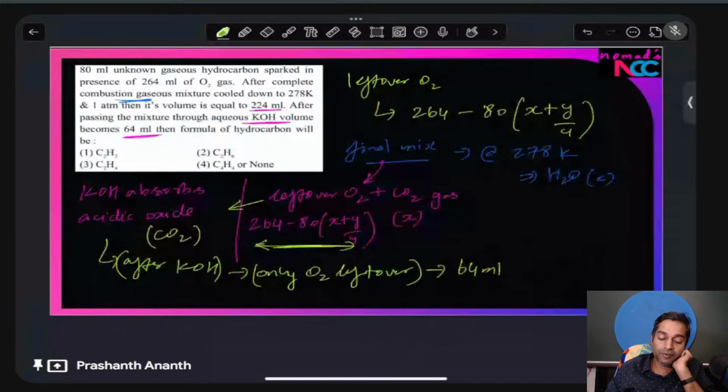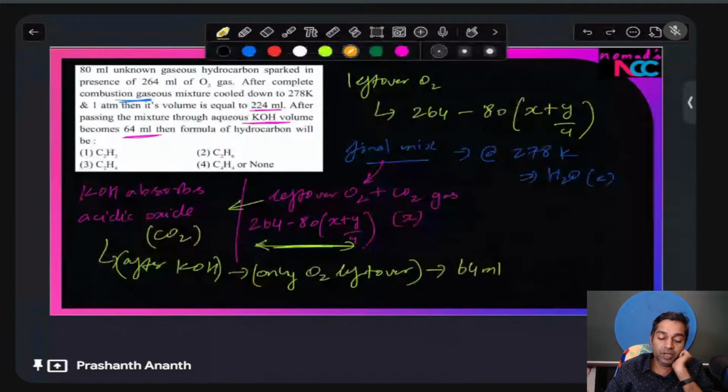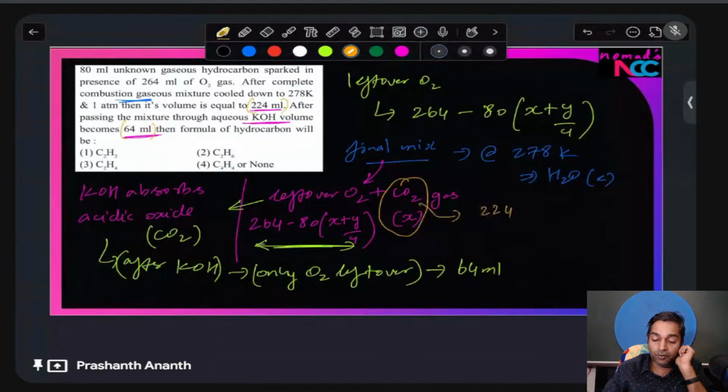So now what is the formula for the hydrocarbon is what they are asking. After it is done, 224 ml was the final mixture present. It became 64 ml. So x ml of carbon dioxide, what is that going to be? That is going to be 224 minus 64, which works out as 160.